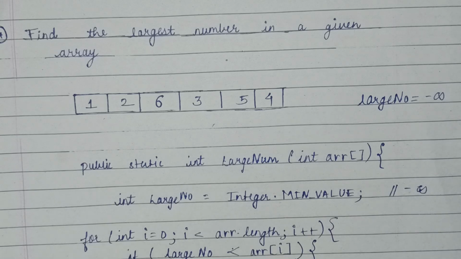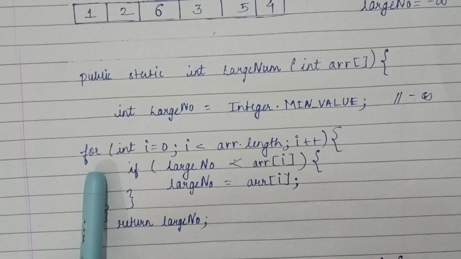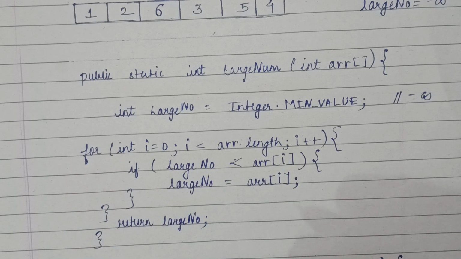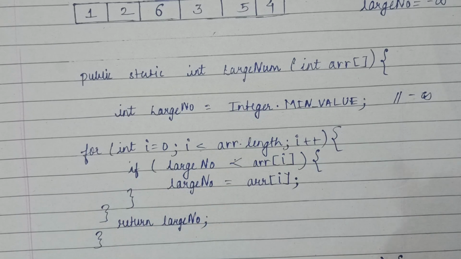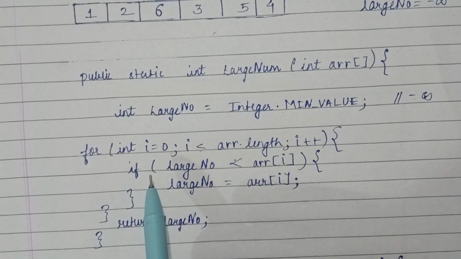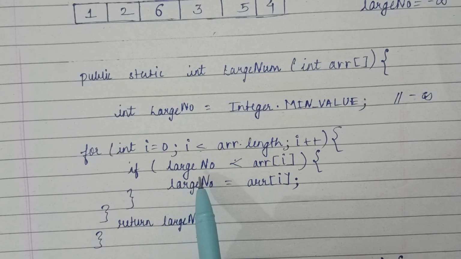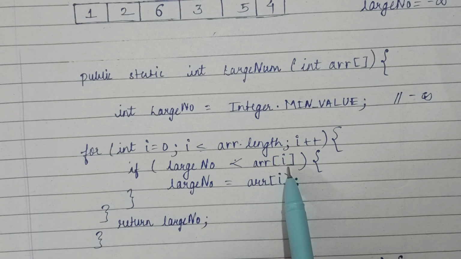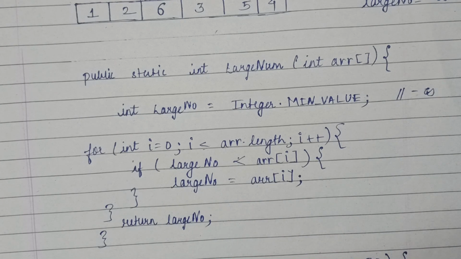We have created a loop, in which we traverse the array: i is equal to 0, i less than array.length, and i will be updated. In it I have created a condition: if largeNumber is less than or equal to array of i, then largeNumber will be updated to the current array of i.